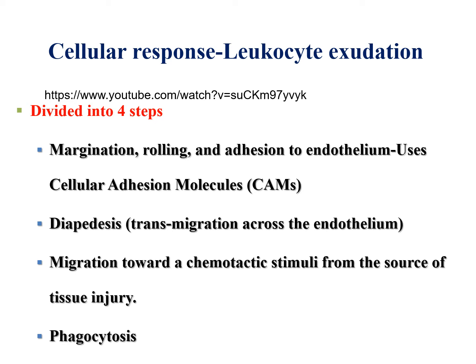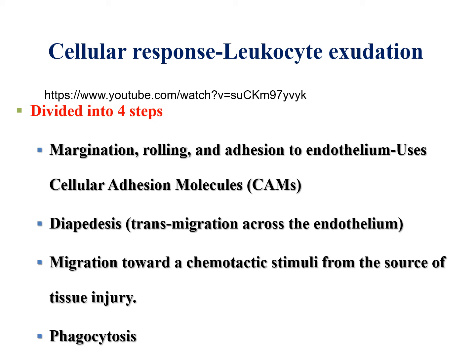This is called margination. So they're getting into contact, they're kind of rolling, and then the rolling stops because they have receptors that are adhering to proteins that the endothelial cells have inserted. These are called cellular adhesion molecules, or CAMs. I'll show you a picture of this in just a moment.